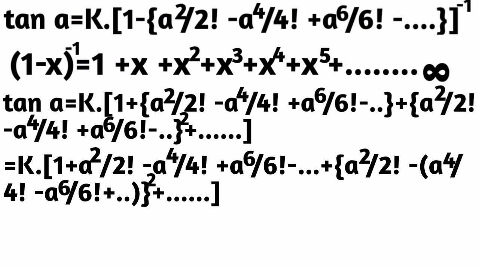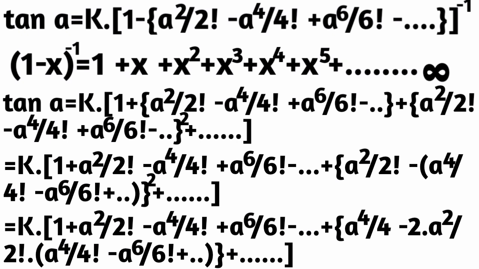That means we take each term except the first term, which is alpha square divided by factorial 2, and expand this square term using the formula (a minus b) whole square. We write only two terms, the a square term and the -2ab term, and we neglect the third term, that means the b square term, due to its high degree of alpha, which is very near to 0.